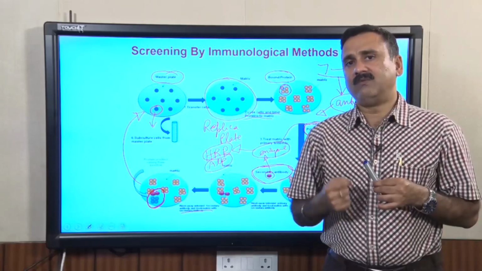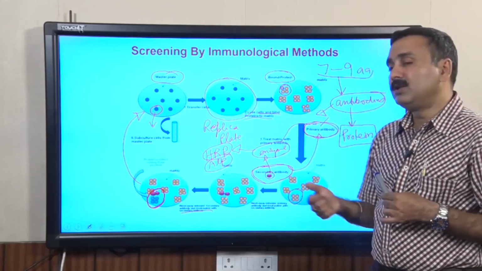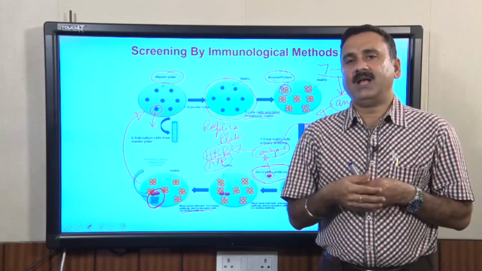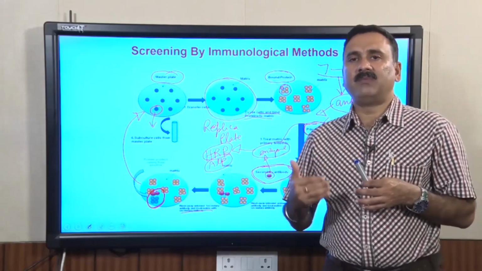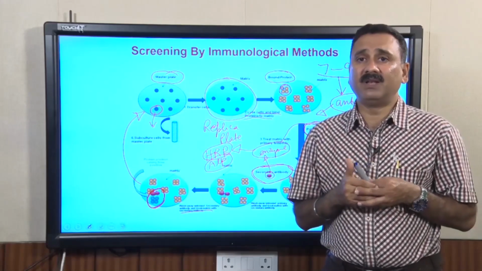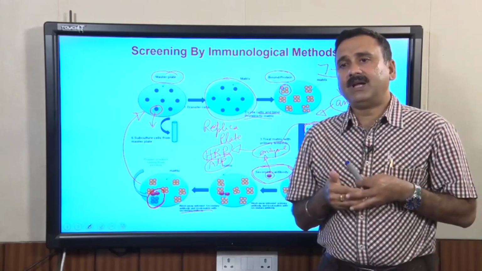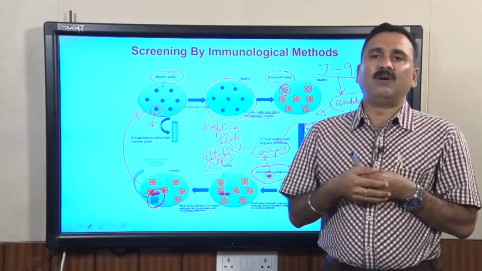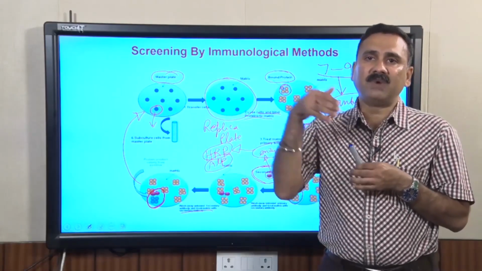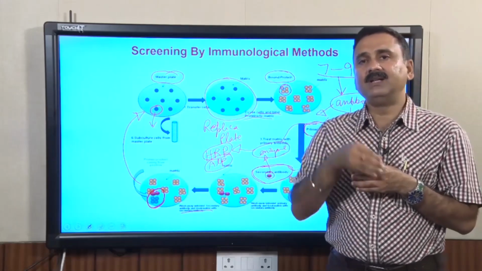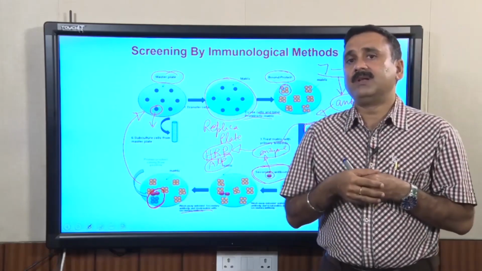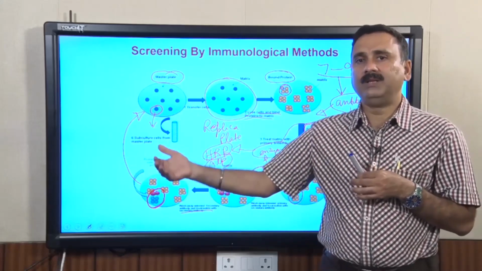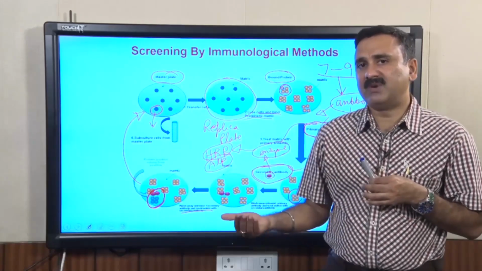The amount of protein present inside these clones is very low, maybe in the nanogram range, and that is why you develop a primary antibody which is very specific. It goes and binds, but that small amount of antibody binding to your antigen inside the colony is not going to give you any signal if you develop it with the enzyme bound to the primary antibody.